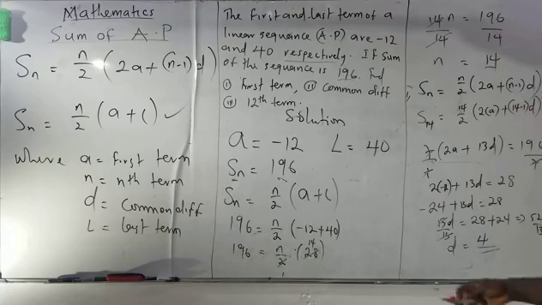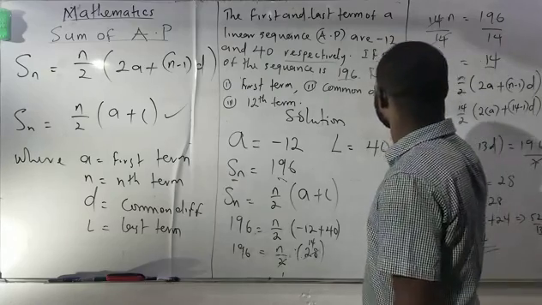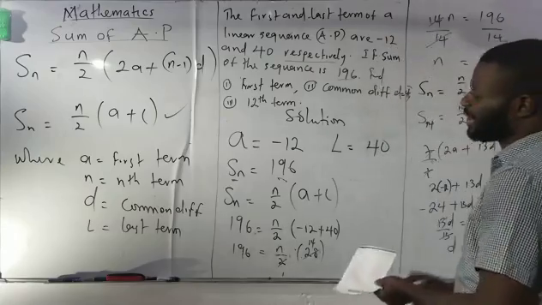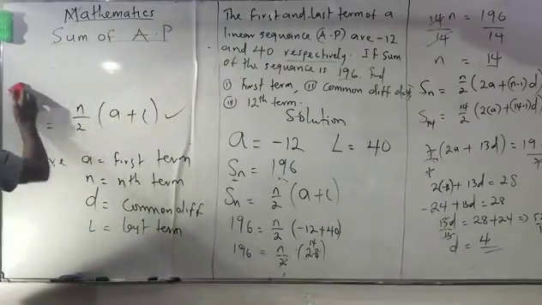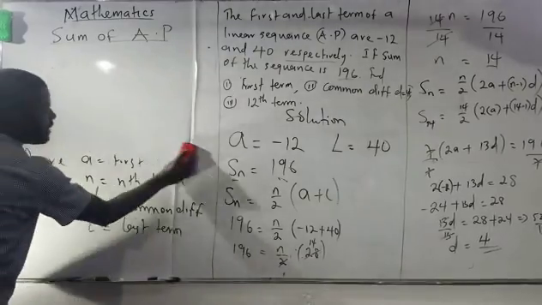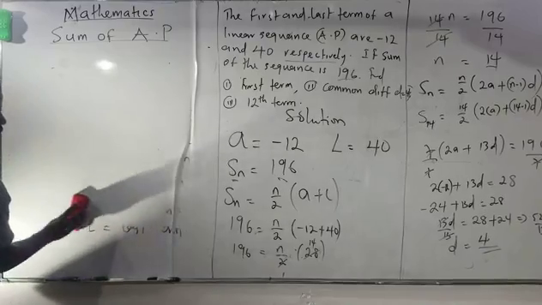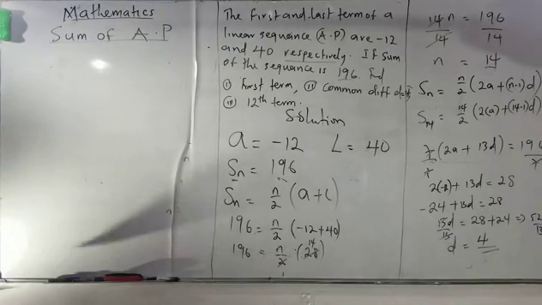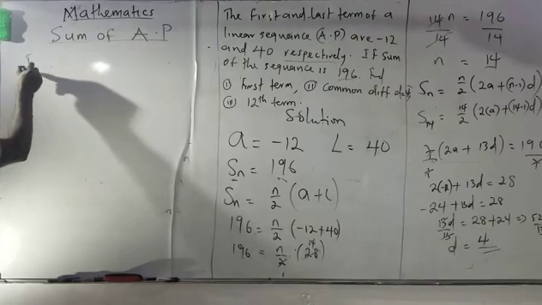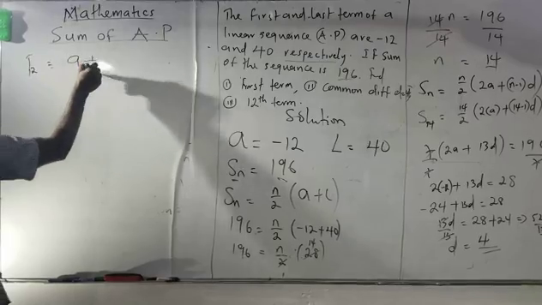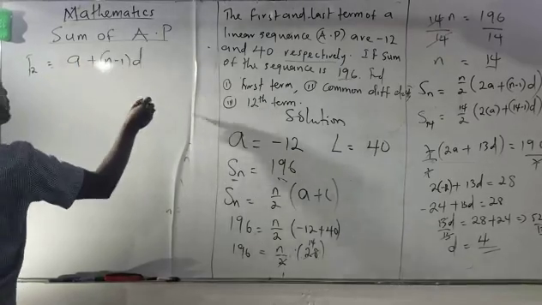Now, it means my d is equal to 4. Since I know that my d is equal to 4, I can now proceed by looking for my T12. T12 will be equal to a plus n minus 1 bracket of d.